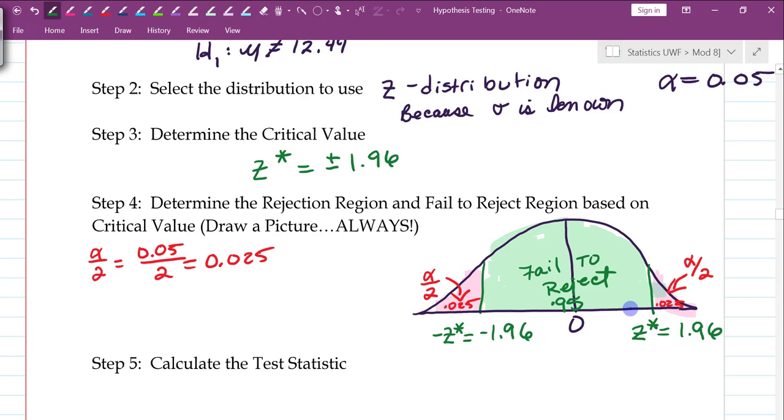If it is, then I fail to reject the null hypothesis, and so I will conclude at this time that there is no change, or that there's not significant statistical evidence to conclude that there is a change. If it's in the red area, then I'm going to say, wow, I've got enough statistical evidence to conclude that the mean is no longer 12.44, but that it has changed.